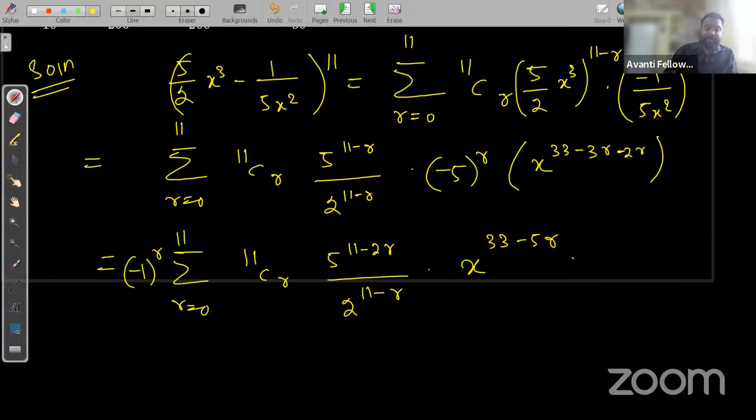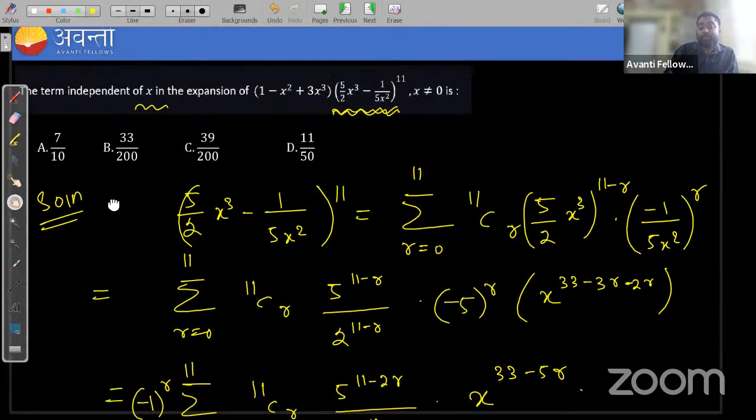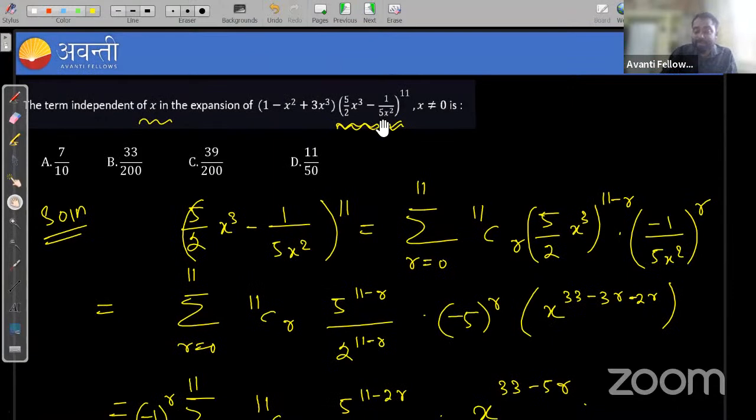But in the question, with this binomial expansion, some cubic expression is multiplied. That is 1 minus x square plus 3x cube.